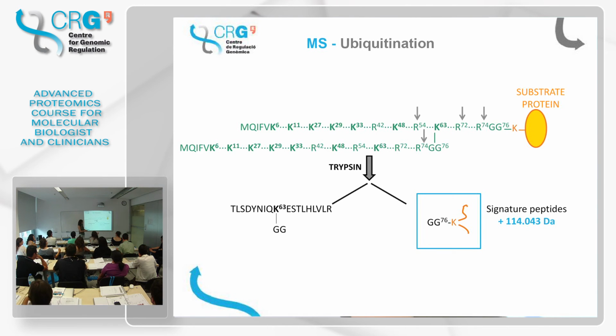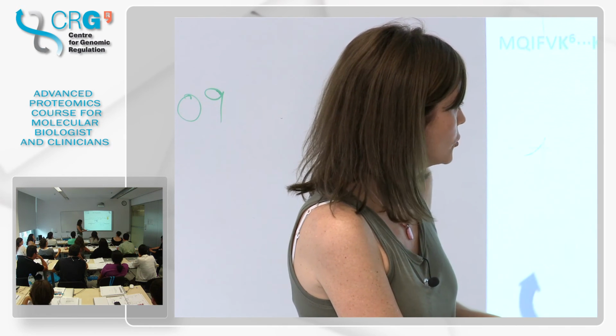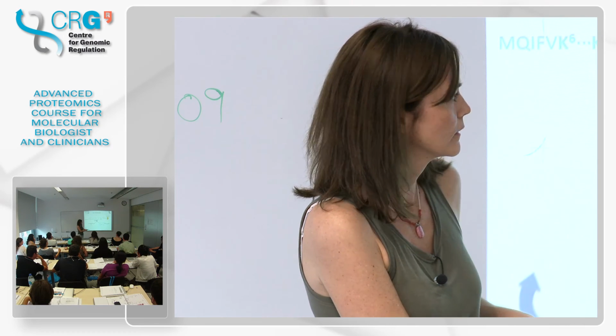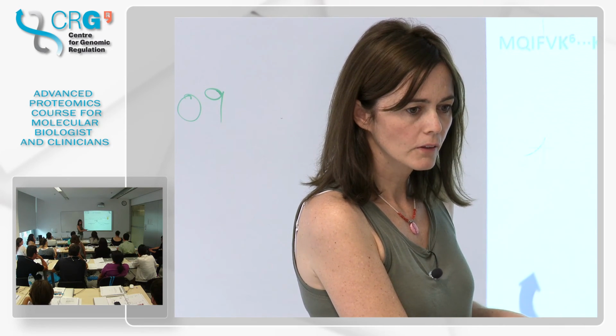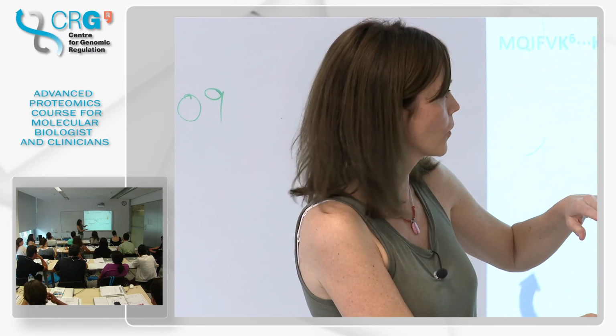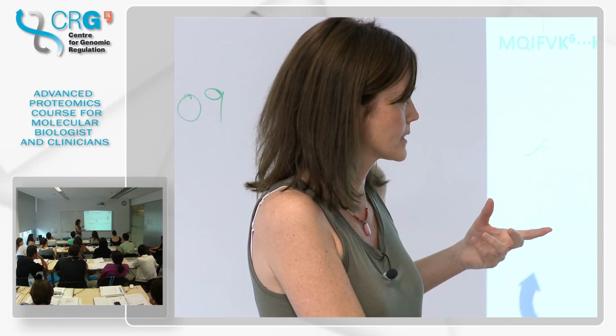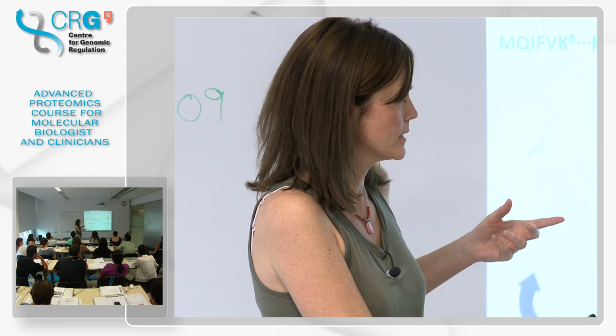The thing is that the ubiquitin always, this is the ubiquitin, and this is a second ubiquitin. Okay, this is one ubiquitin. So the sequence of the ubiquitin always has R, G, G.